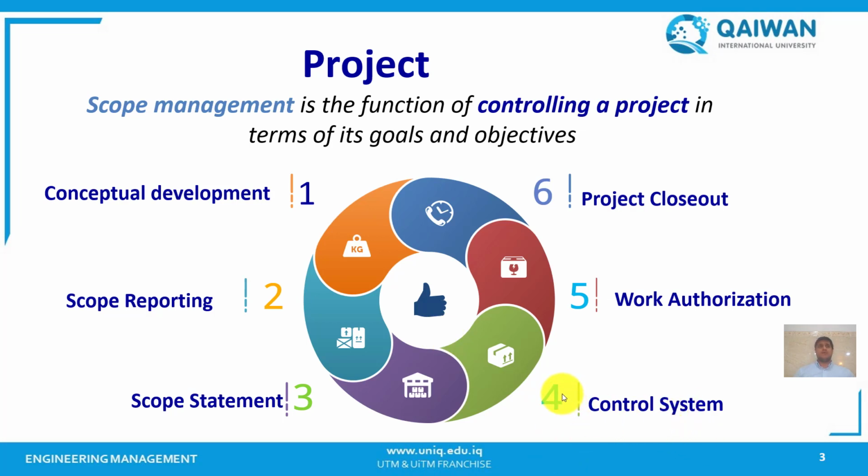Conceptual development explores, analyzes and refines ideas and concepts to define the project purpose or objective. So it is very important, and this is the initial phase of scope management.